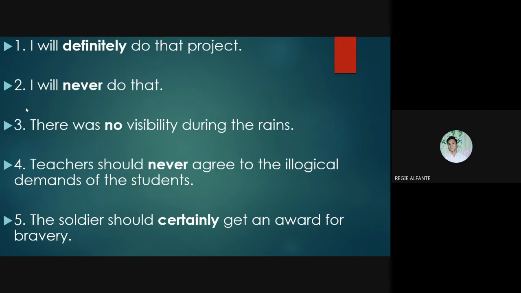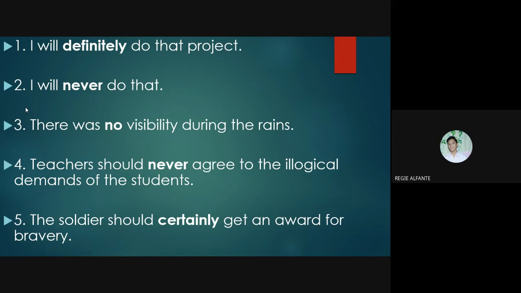So I have here five sentences, and we're going to identify where the adverb of affirmation and negation is in each sentence. So first, number one: I will definitely do that project.